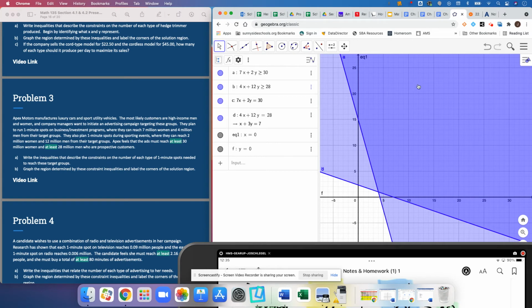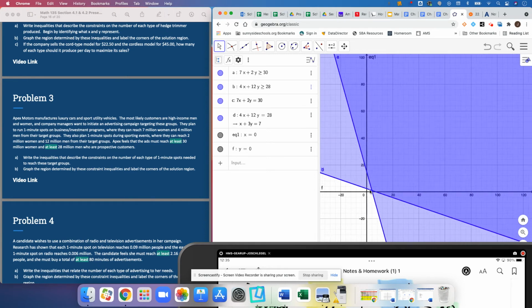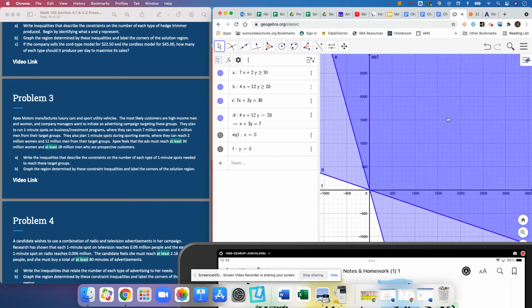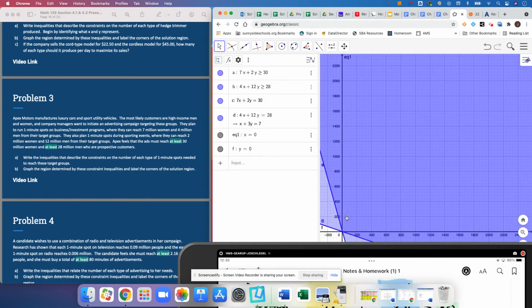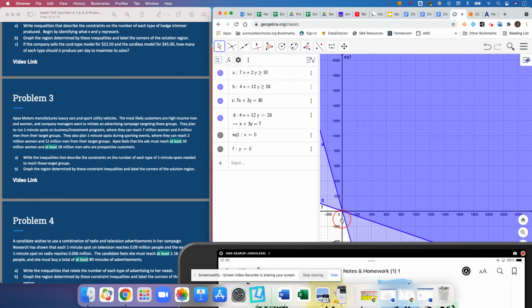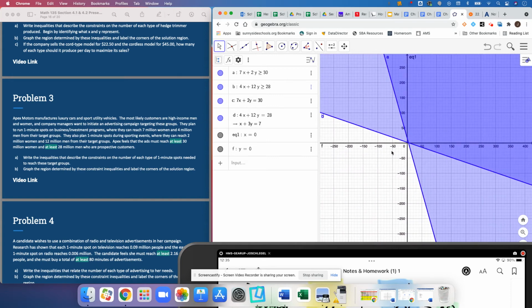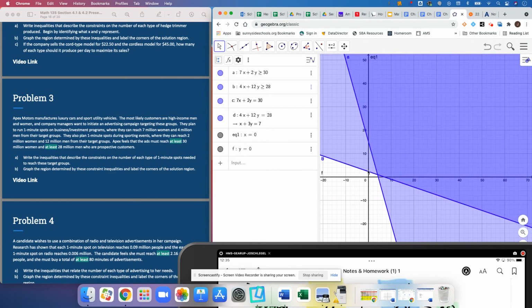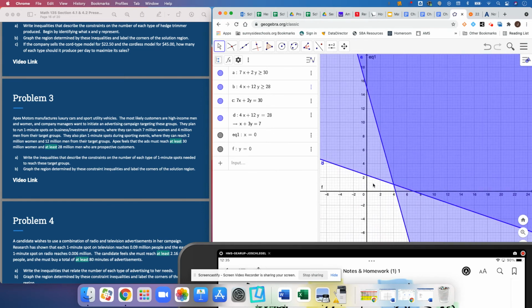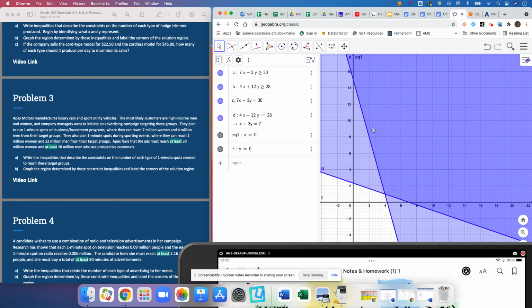We could spend money on advertisements forever, and the advertisement companies would be happy to keep taking our money. We could spend this much on advertisements, and they would be totally happy to do that. It would also be a total waste of time because it's not falling on a corner, so it is not something that would be a maximization of our efforts and our spending for the advertisements.